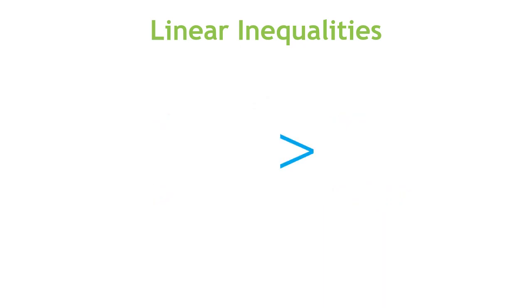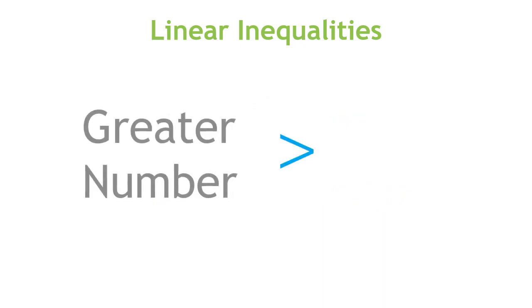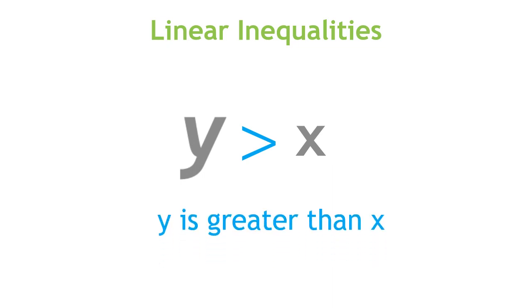The side where the symbol opens up has the greater number, and the other side has the smaller number. For example, in this inequality, the symbol opens up towards y, so y is greater of the 2 sides, and we will read it as y is greater than x. Similarly, in this inequality, the symbol opens up towards b, which means b is greater than a.